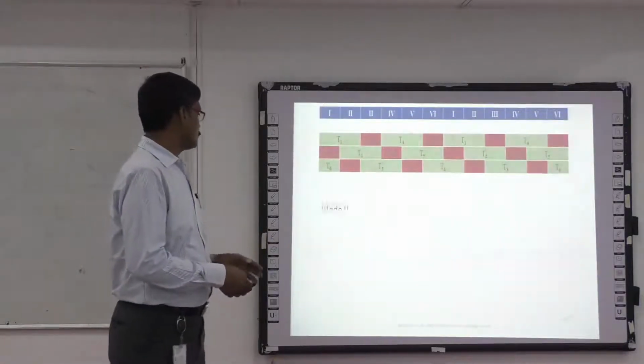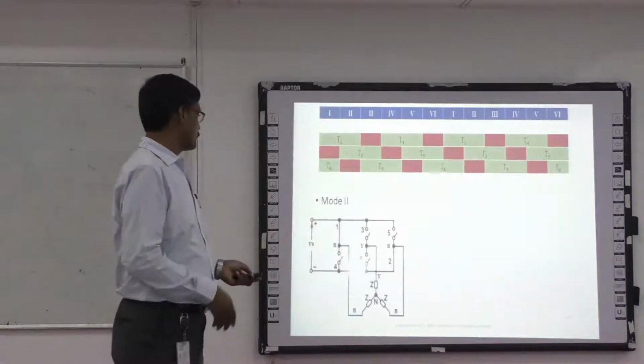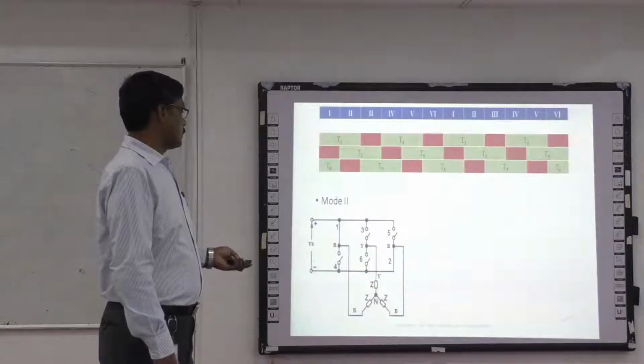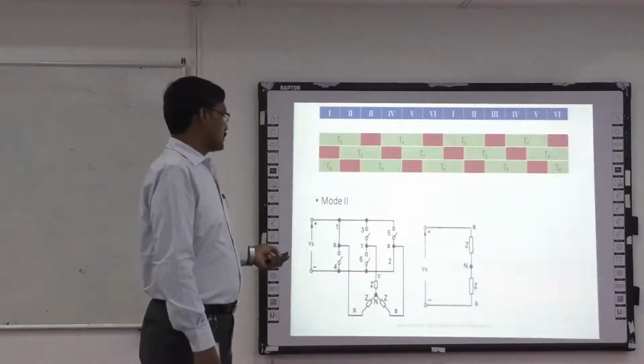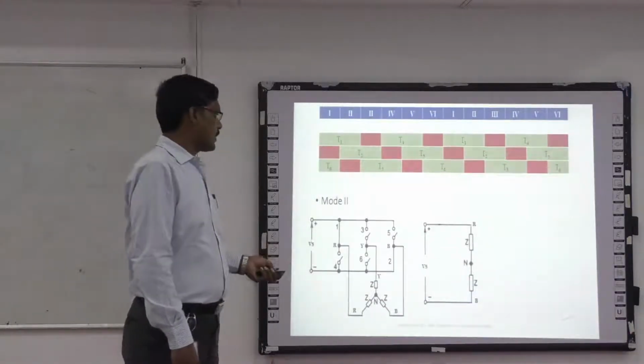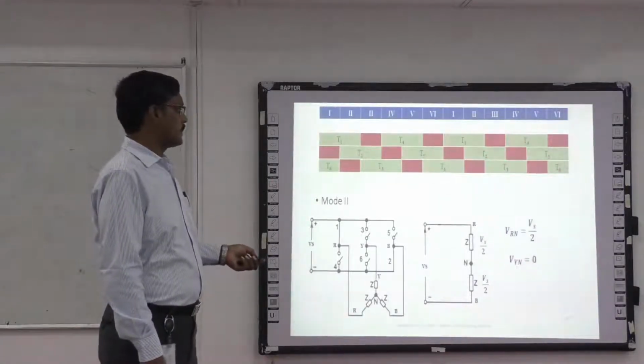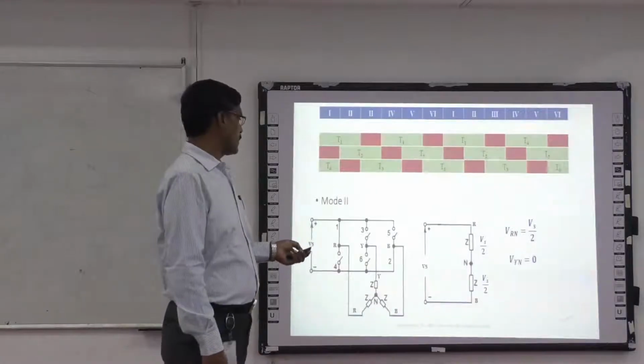Then mode 2. In mode 2, the switches 1 and 2 are conducting. For this mode of operation, this is the equivalent circuit, and the various phase and line voltages are going to be like this. That is VRN equal to Vs by 2, VYN equal to 0.